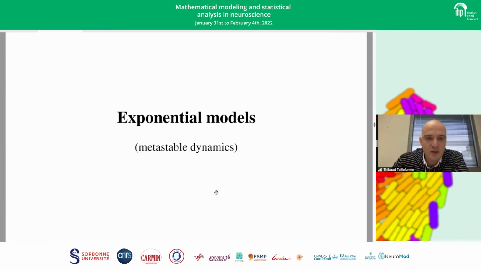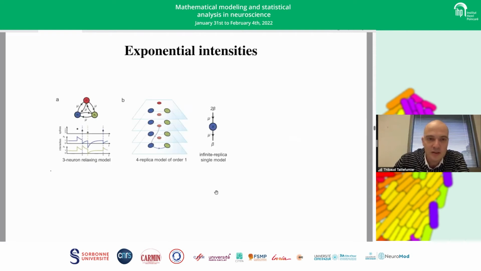We're going to do that in the context of a different set of models, which are exponential models. These are perhaps more biophysically relevant. They are basically the same as the counting model I introduced originally, except that now it's no longer a counting variable. It's a continuously varying variable x.